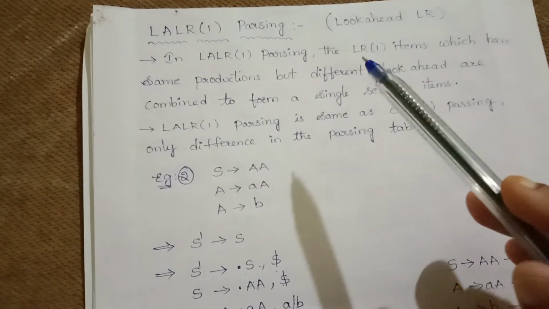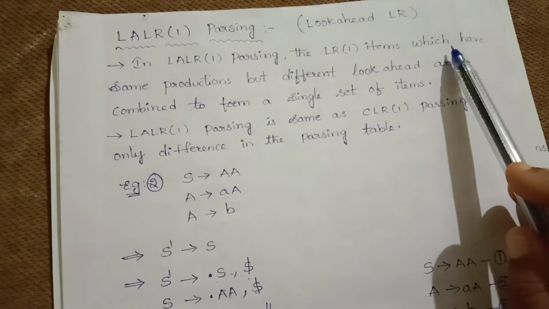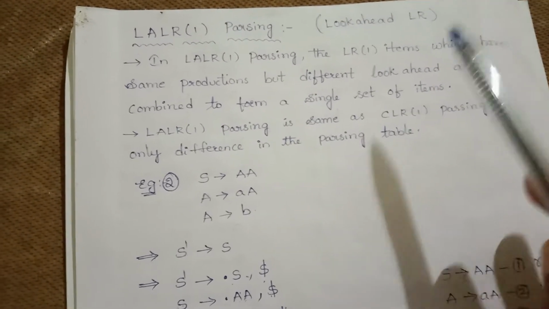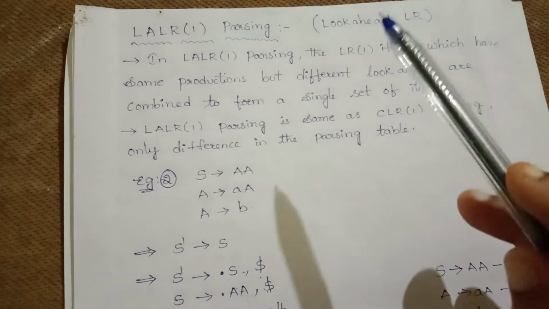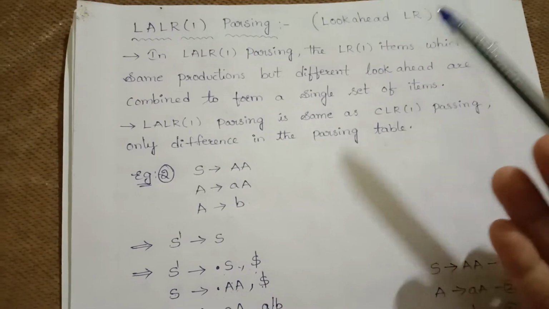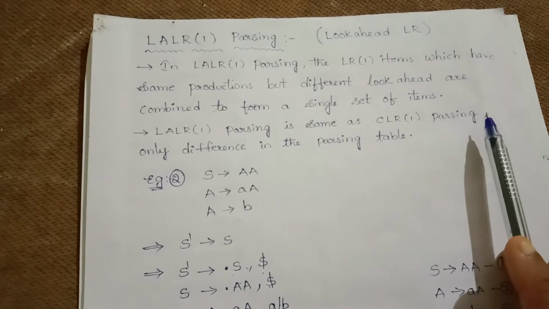Whereas in LALR, the LR(1) items which have the same productions but different look ahead symbols will be combined into a single set of items. If we see the example, you will understand clearly.